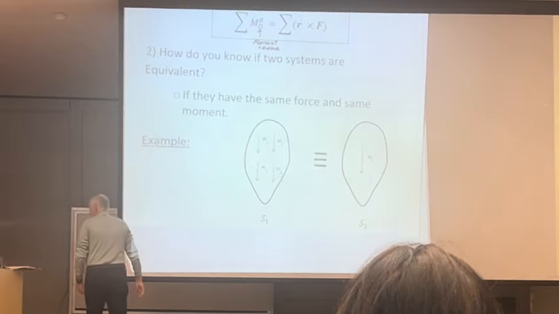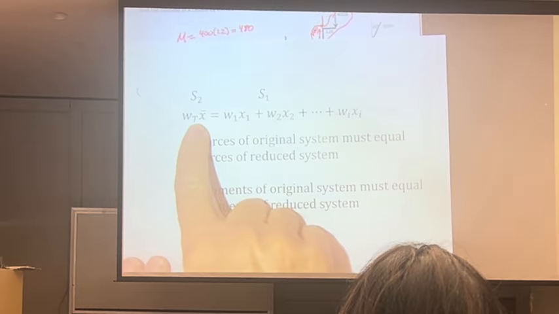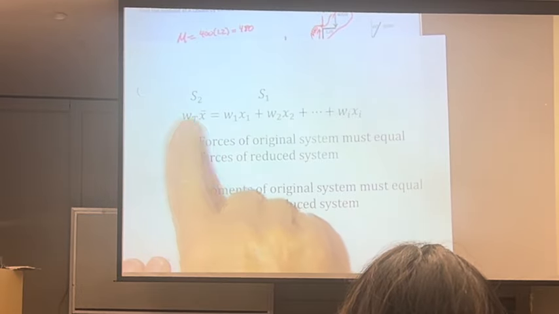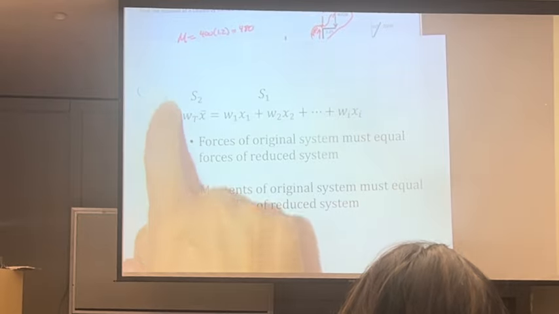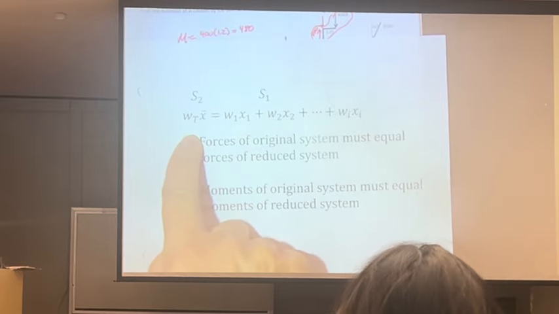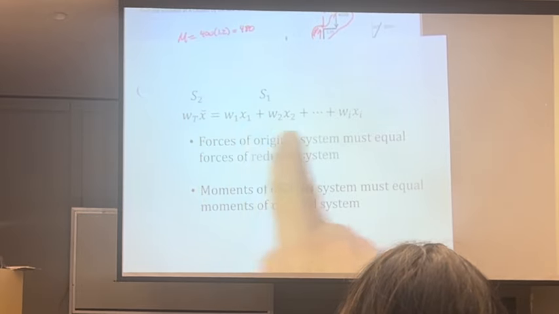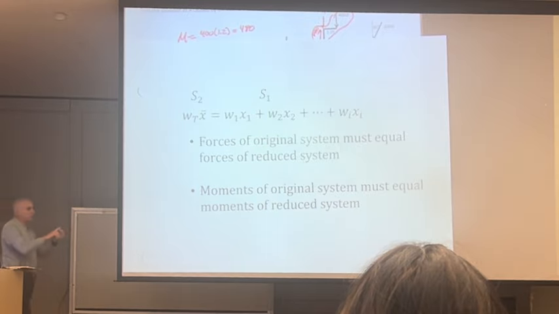Right? So I got to go in here and do WT times X bar. That's the force times distance, the moment of system 2. Because there's only one force, W total, times its distance, it creates a moment. System 1 has a bunch of W's: W1, W2, W3.